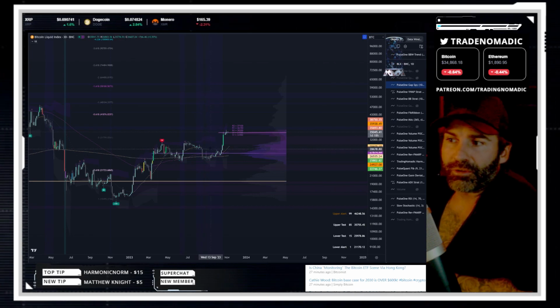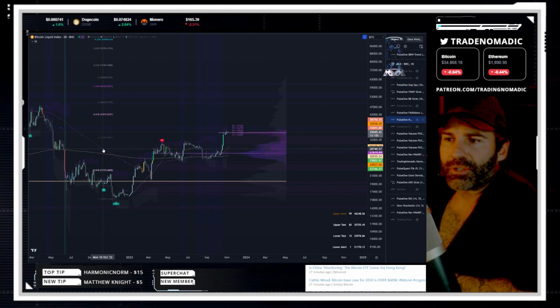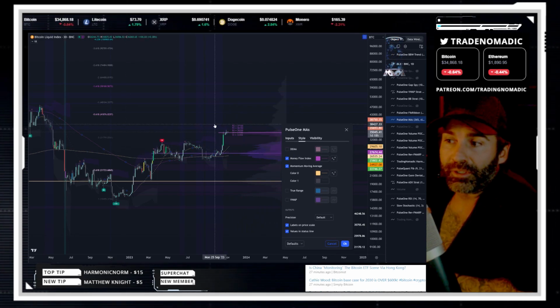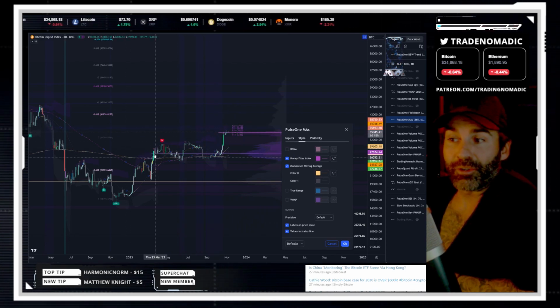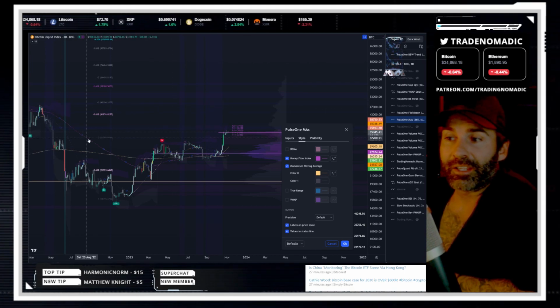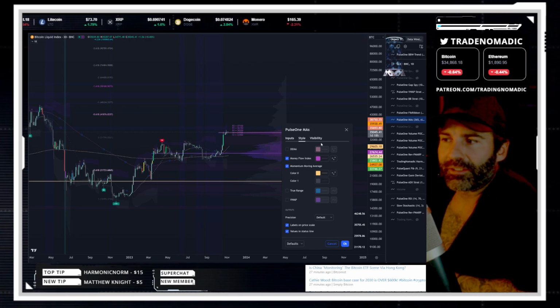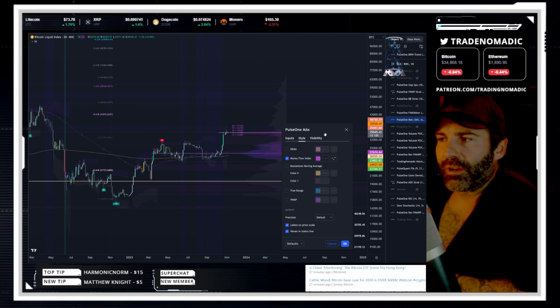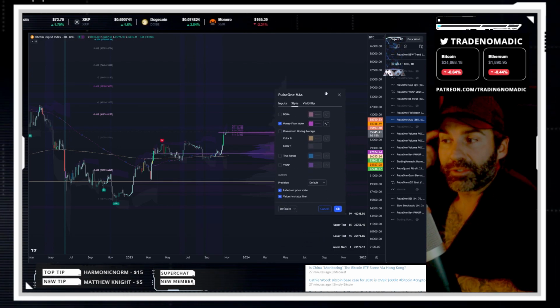So you can use it that way, or you can use it in the fashion that, hey, when the money flow index is moving up and you're above it, that's bullish. If it's moving down and you're below it, that is bearish. It's the same idea, just a different choice of averages.